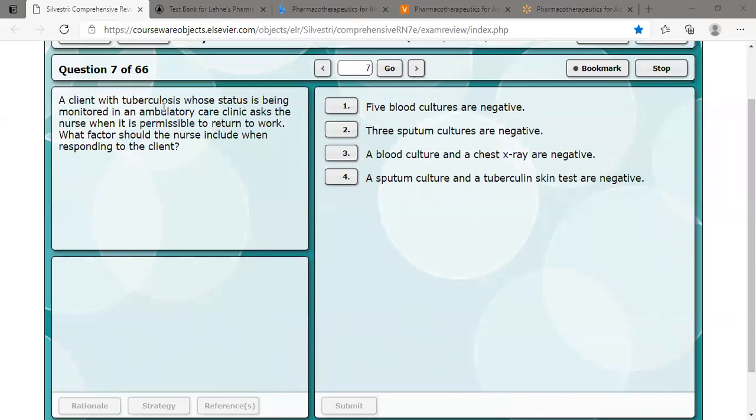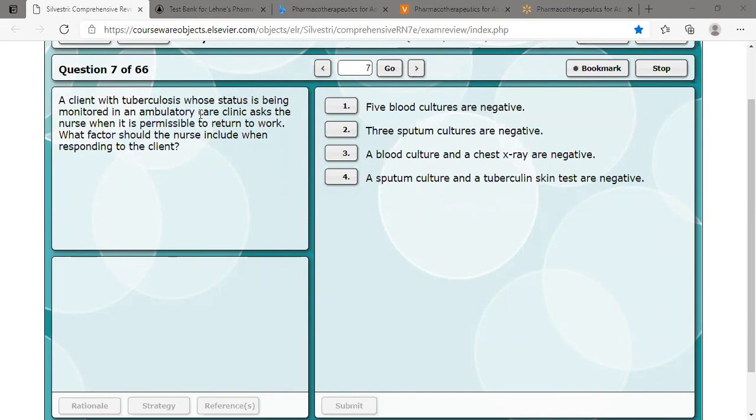And keep in mind, if anybody is infected by TB, isolate them, give them a private room, negative pressure inside the room, and wear N95 masks.